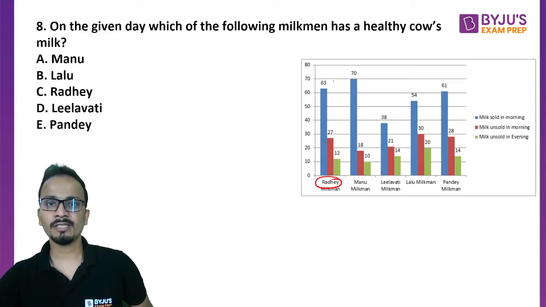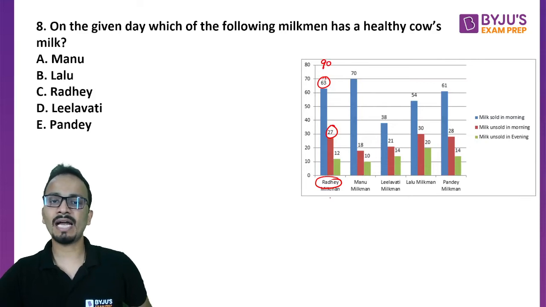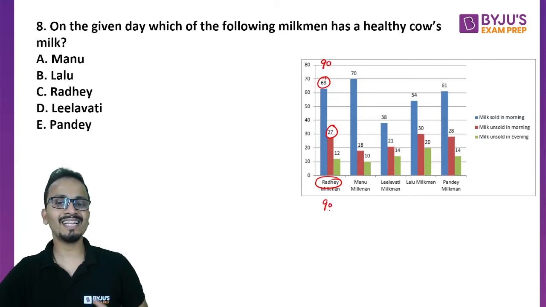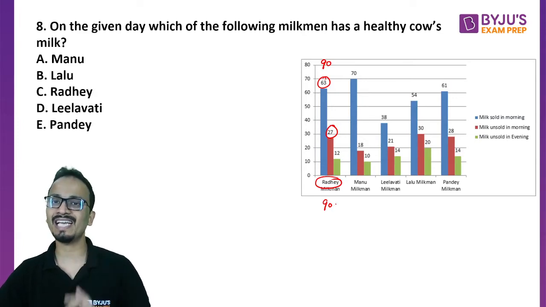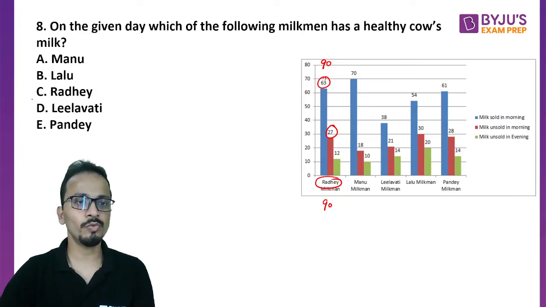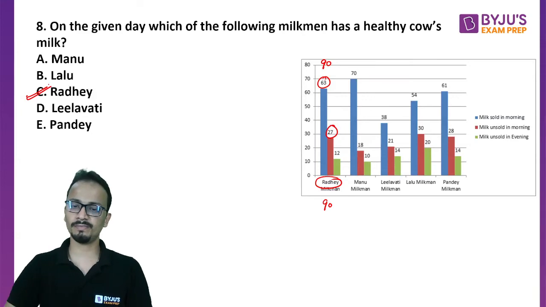So Radhe's available quantity was 63 plus 27, that is 90, and the maximum capacity that he can sell in a day was 90. So I can say that Radhe's cow was the healthy cow. So the answer will be option C for this one.